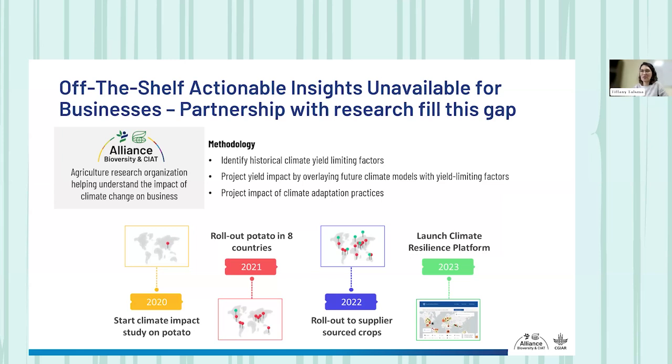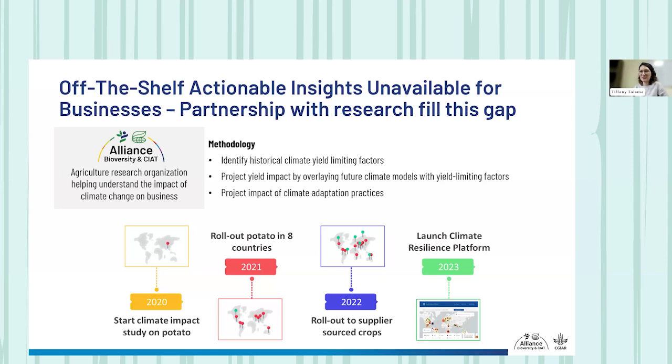So that's where partnership with research that's really focused on the needs of corporates in their supply chain can create quite a lot of value. So we started with that climate impact study back in 2020 on potato. That was so impactful, they were able to leverage 3 million of investment into those farmers that they were working with.